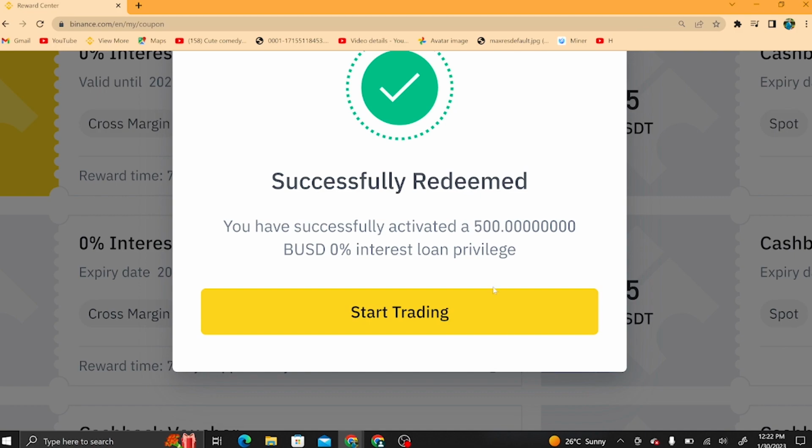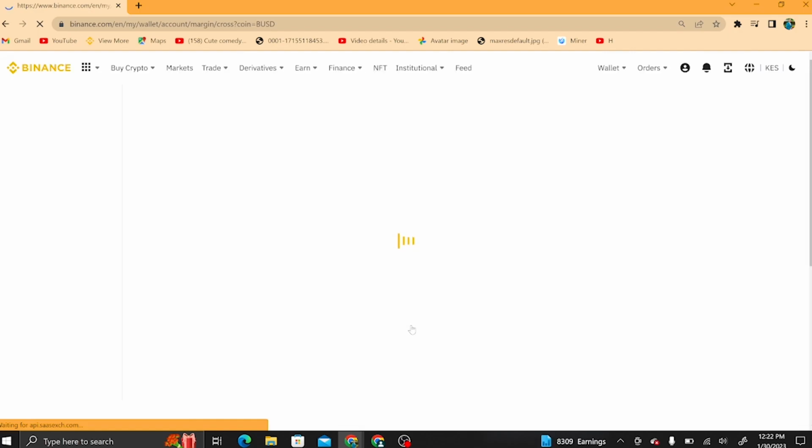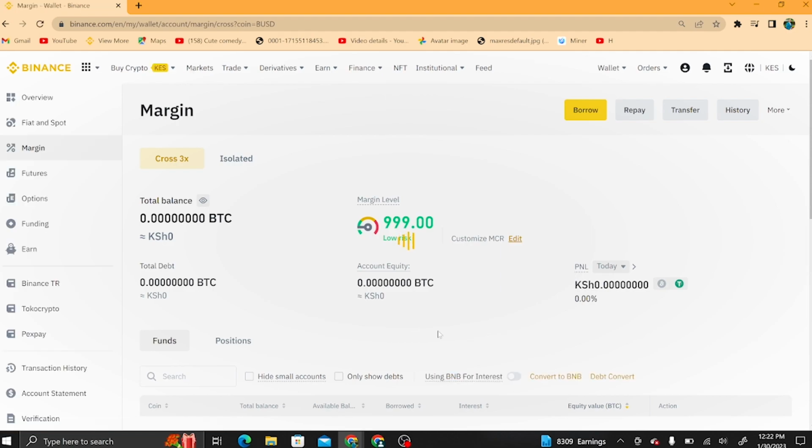So what does this mean? It means we can trade on the margin. Let's go to Trade, because this is going to take us to the margin. You have to know this about Binance: you can borrow a loan and then pay that loan later.